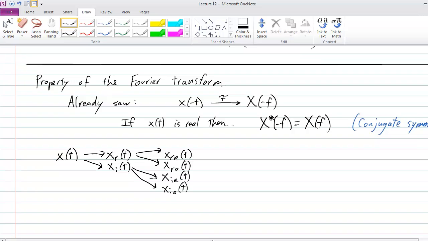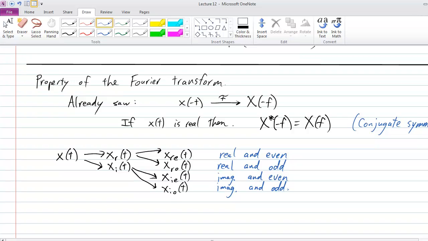So we talked about decomposing a signal into an even and an odd part and a real and imaginary part. If you do this in sequence, you get 4 parts: real and even, real and odd, imaginary and even, imaginary and odd. So there's a unique way to split any signal up into these 4 components.